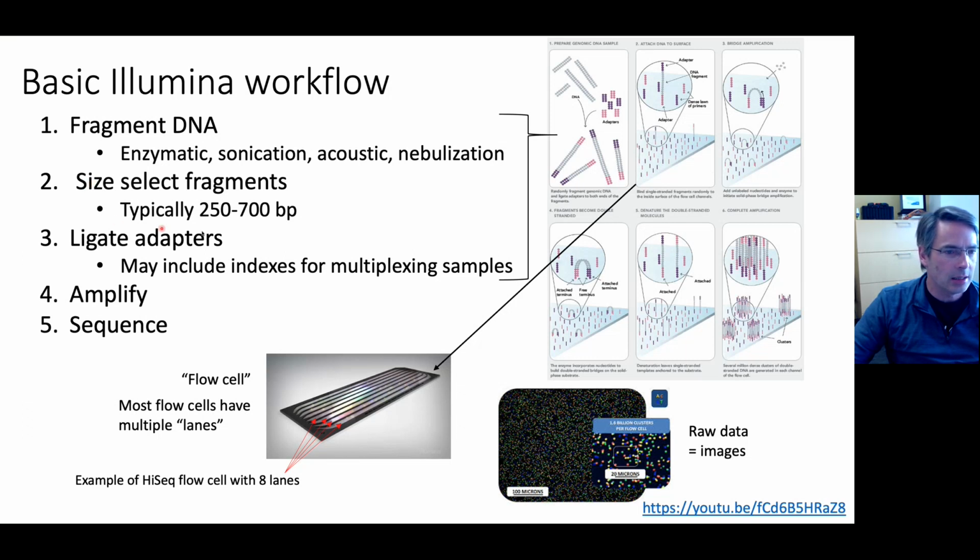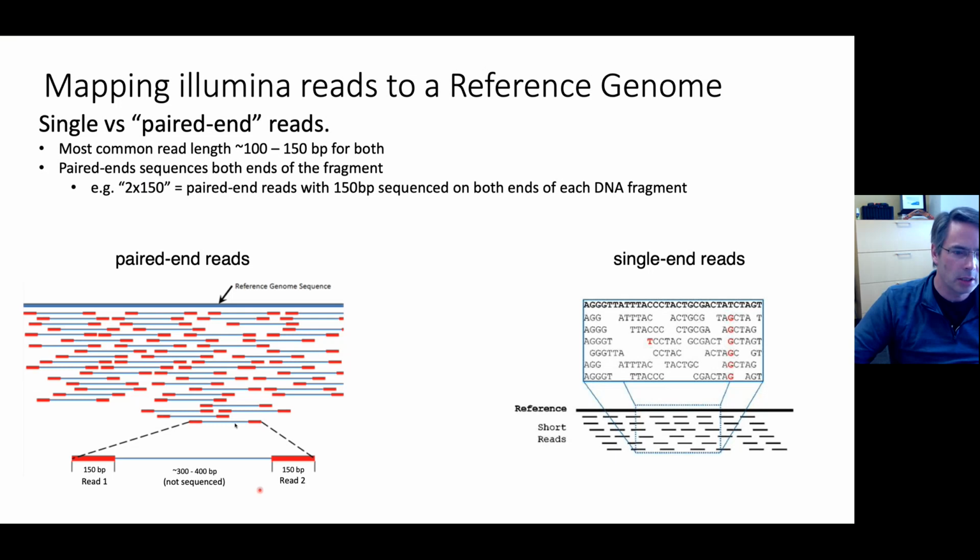Then you're going to size select, right? Because I talked about how the most common is paired end 150 base pair reads. Your fragments, you want to be somewhere in that 250 to 700 base pair region. And the smaller the range is, the better it is for this issue of knowing where that read maps uniquely.